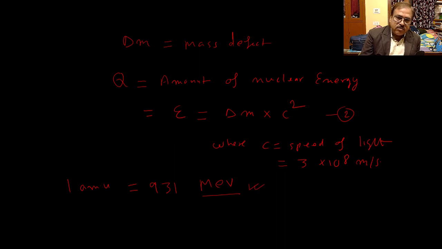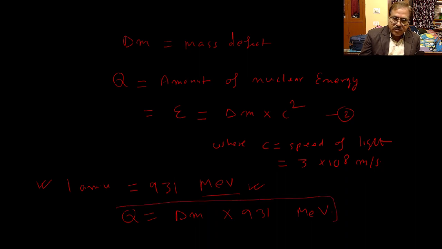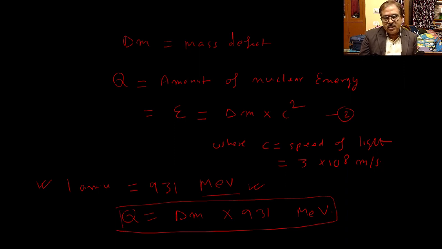This value is multiplied with the value of delta M. When multiplied with 931, we can directly get the nuclear energy in million electron volt. So in this way we utilize the mass defect to get the nuclear energy in million electron volt.